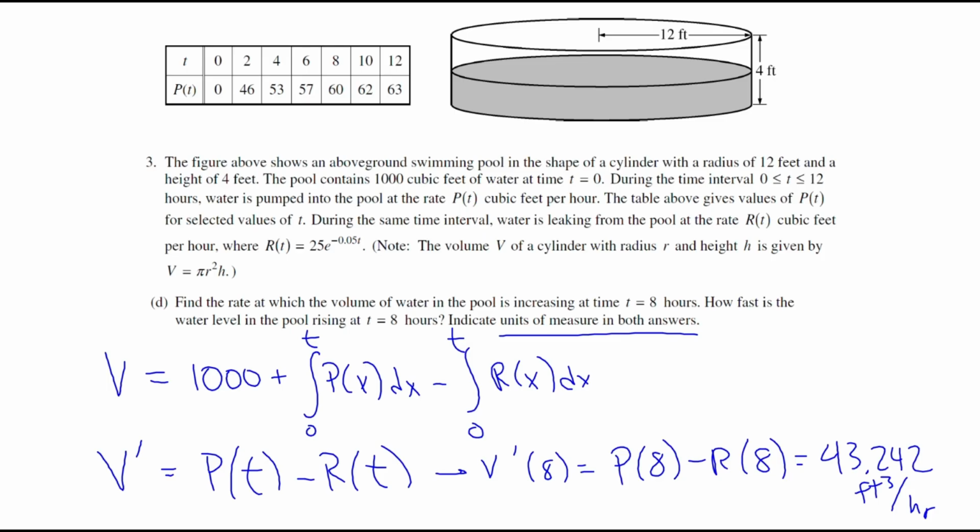And then it asks us, how fast is the water level rising at t equals 8? Well, that's the h value, right? So we're going to get a new page here. If the volume is pi r squared h, and the radius is not changing, but the height is. So the radius was 12.